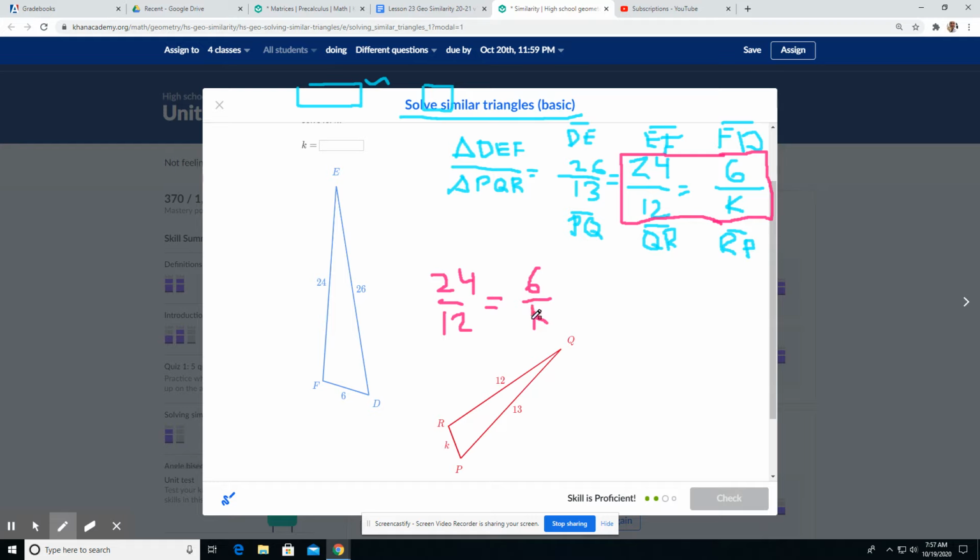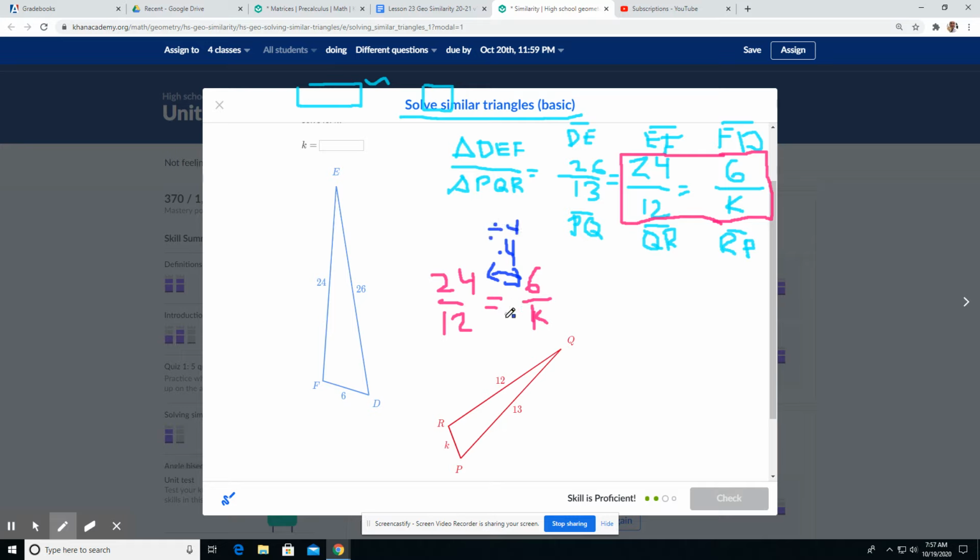Now, there's a couple shortcuts that you can do here. One of the shortcuts is, how does 6 turn into 24? Well, that's a times 4, right? Going the other way, 24 to 6 is a divide by 4.